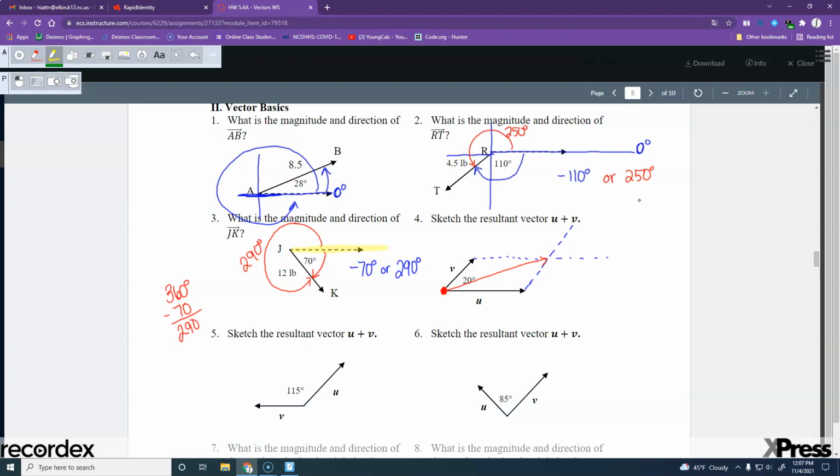All right, try 5 and 6. Let's see what those look like there. The only thing wrong about it is you do need an arrow, so you need a dot.